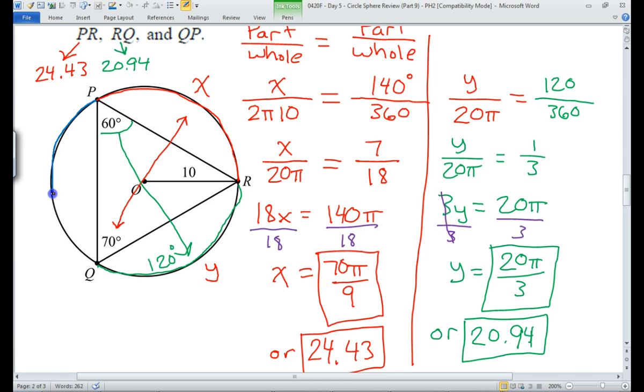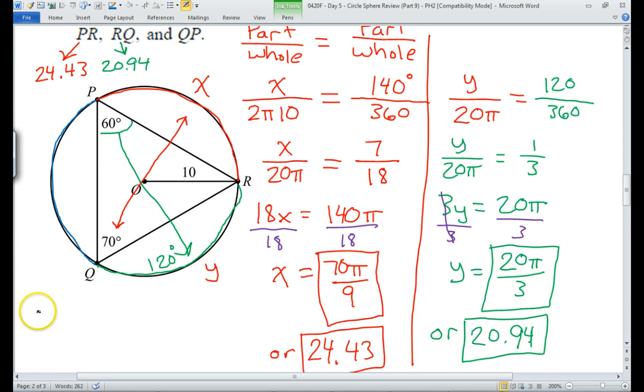We know the total length of the whole circle, correct? That was called the circumference, and we already calculated it. It's 20 pi. So since we know the whole length of the circle, and we just found the red length and the green length, what would be a quicker way of calculating the remaining blue length?